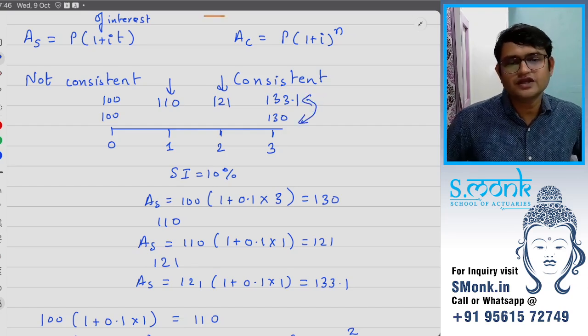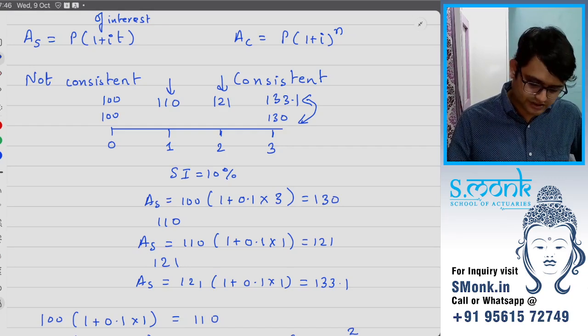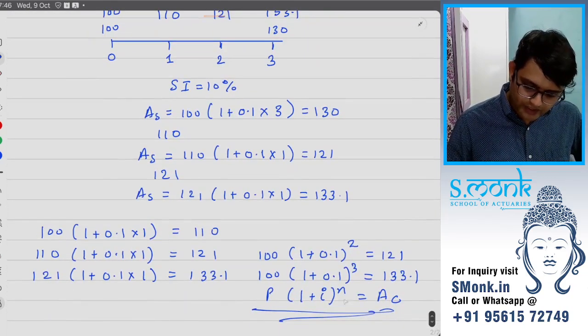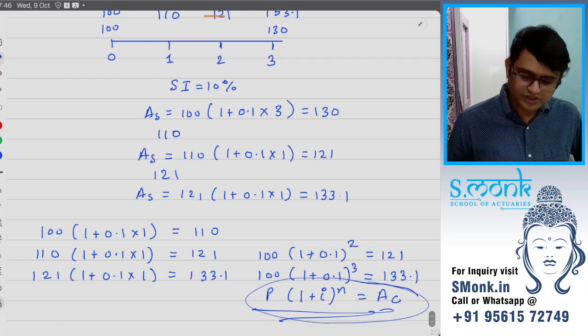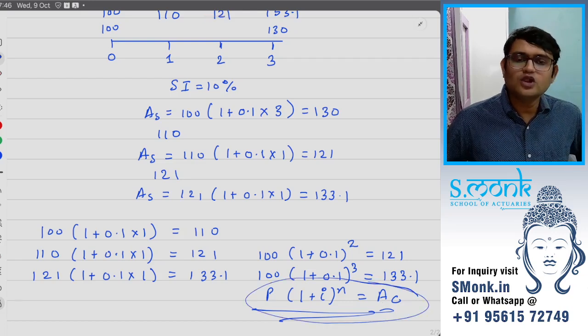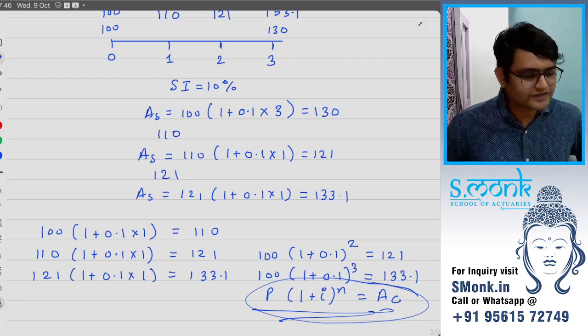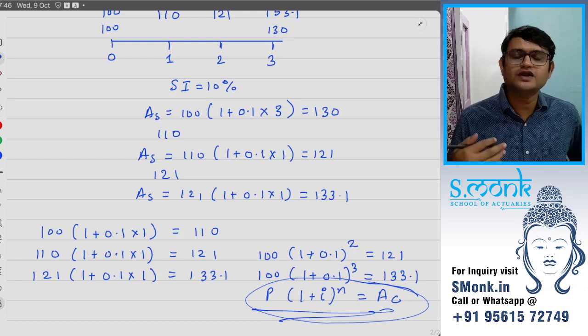Directly given for 3 years and given 1 year at a time, I got inconsistent answers. Whereas if you calculate this using compound interest, you will always get consistent answers. That is why we say in compound interest we are giving interest on interest as well.